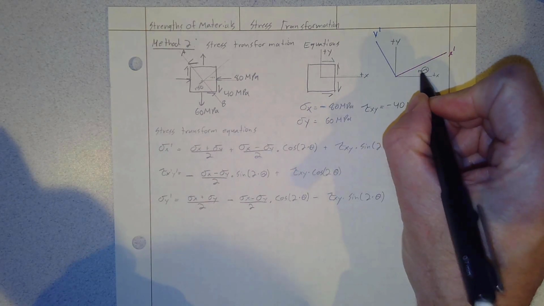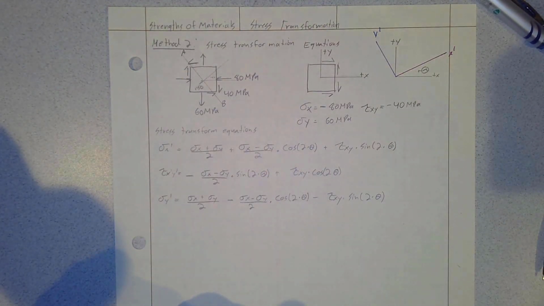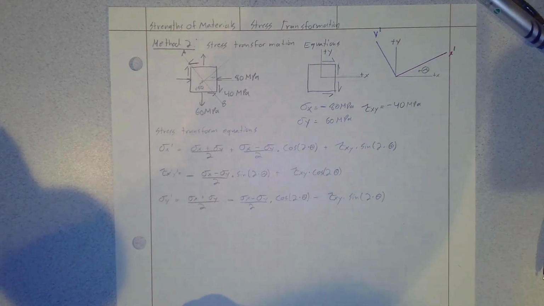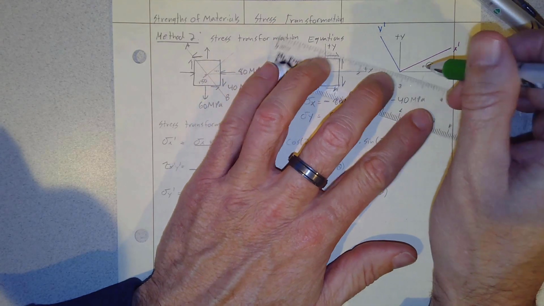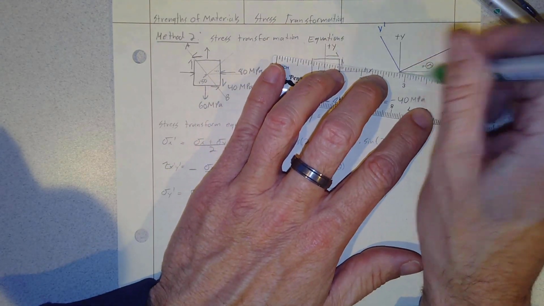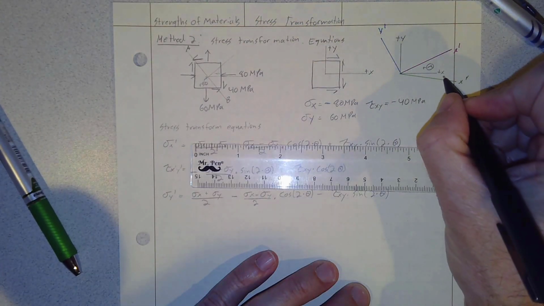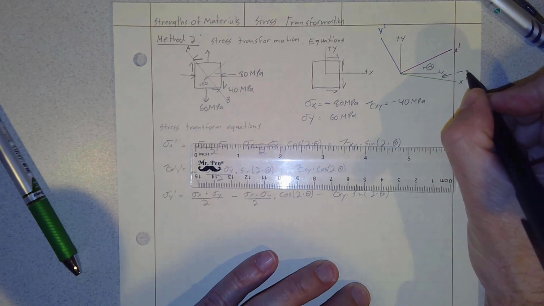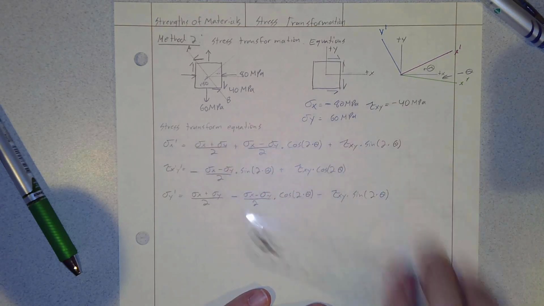If, on the other hand, they had asked us to rotate the other direction, and our x prime was down here, just make it noticeably a different angle so we're not confused, if this was x prime, then this angle would be negative theta. Okay, I think that's probably good for reviewing our sign convention.